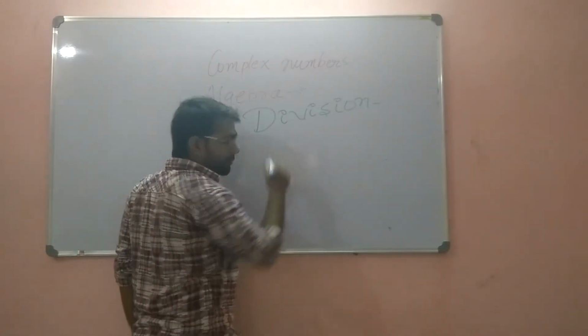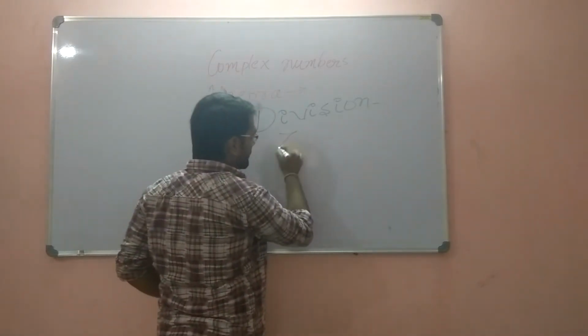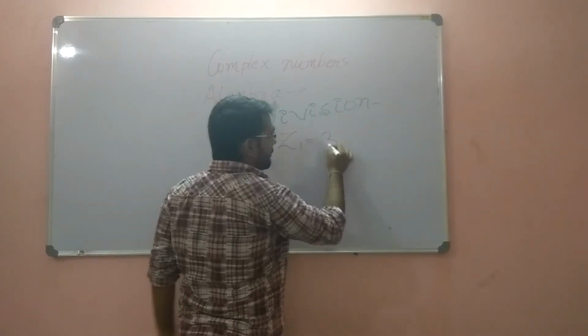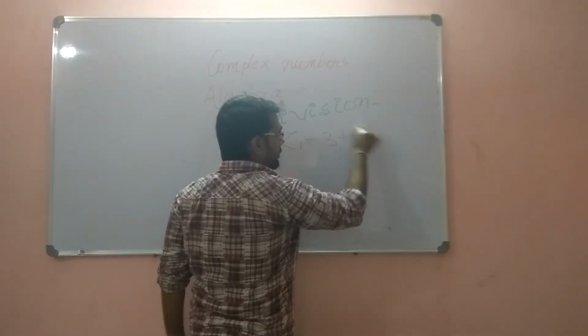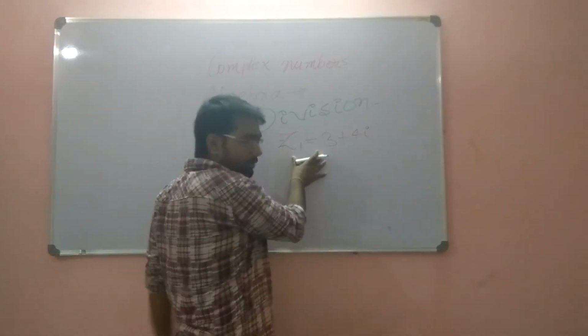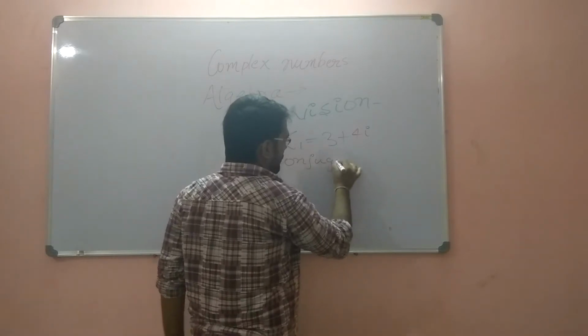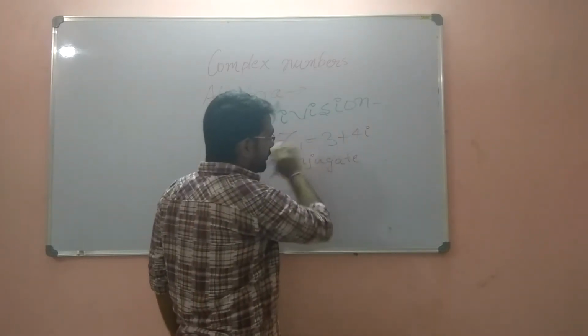For instance, take a complex number 3 plus 4 iota. So what would be the conjugate of z1?